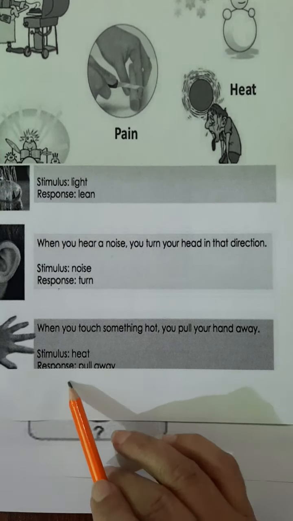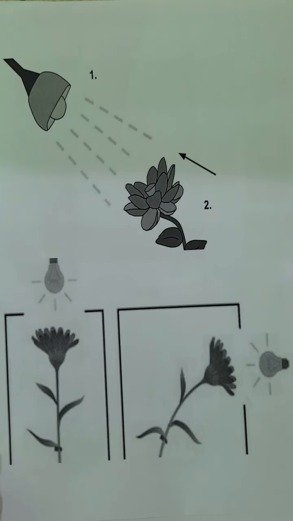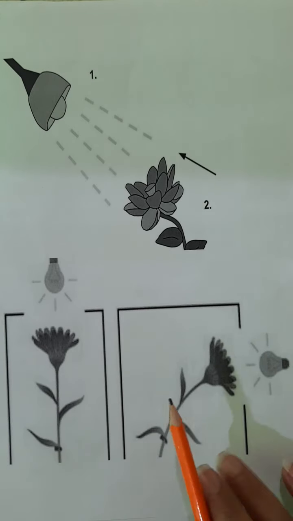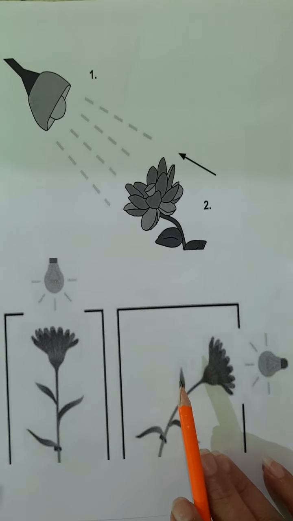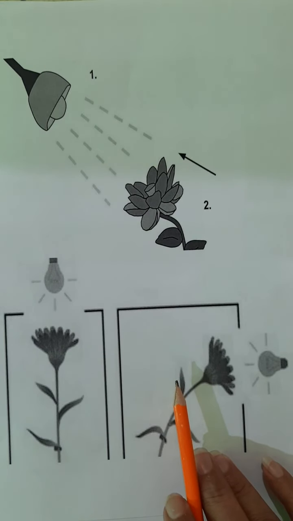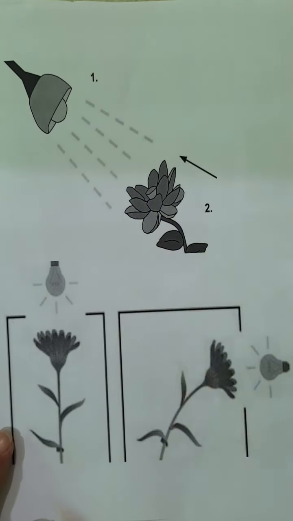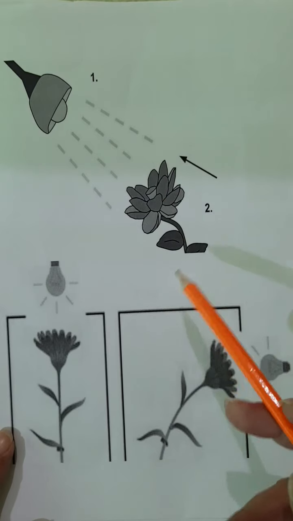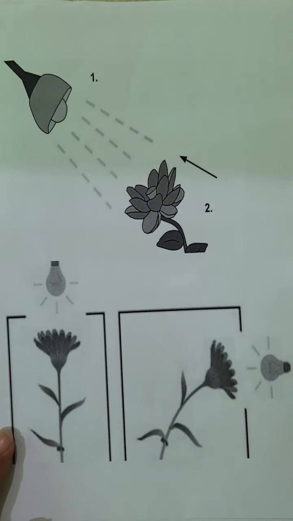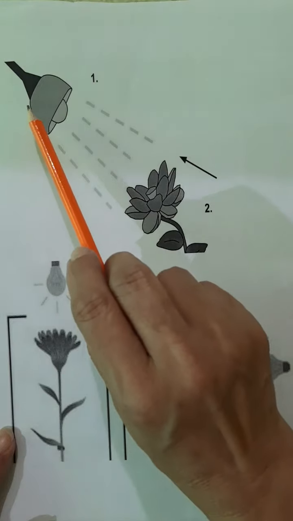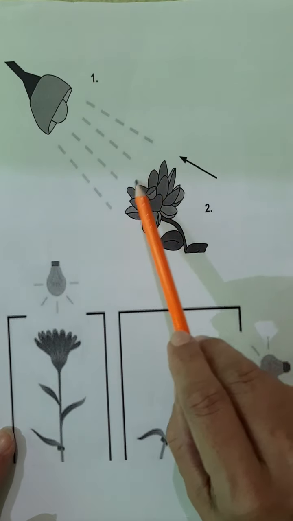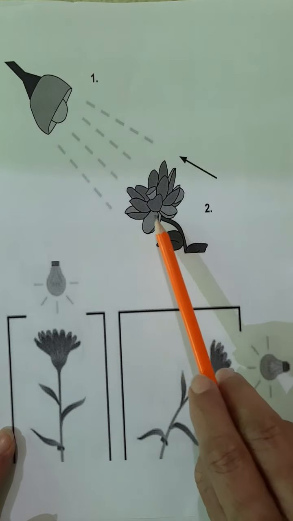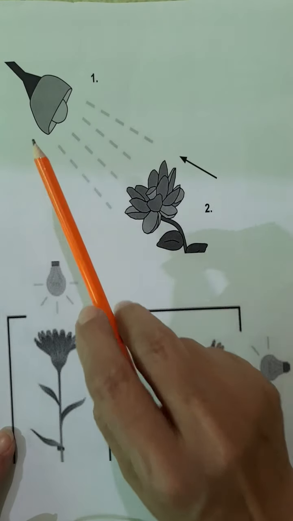Over here I just want to explain that plants, just like animals, are also sensitive. They can also feel the stimulus, and in the response they can also do a reaction. For example, this is the same example, but I have shown you in 3 different ways. See the direction of the light. This flower grows in the direction of the light.